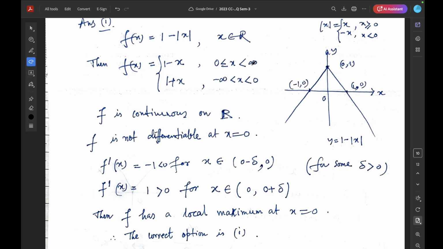And this is wrong, because this is 0 to infinity. So actually this interval is this, and this interval is this. x belongs to 0 to 0 plus delta.